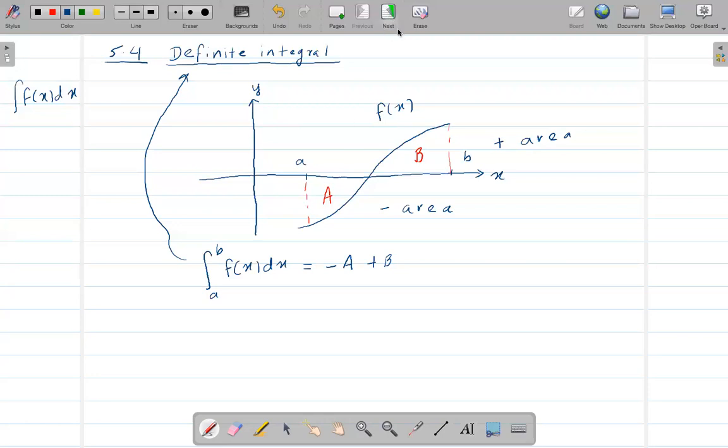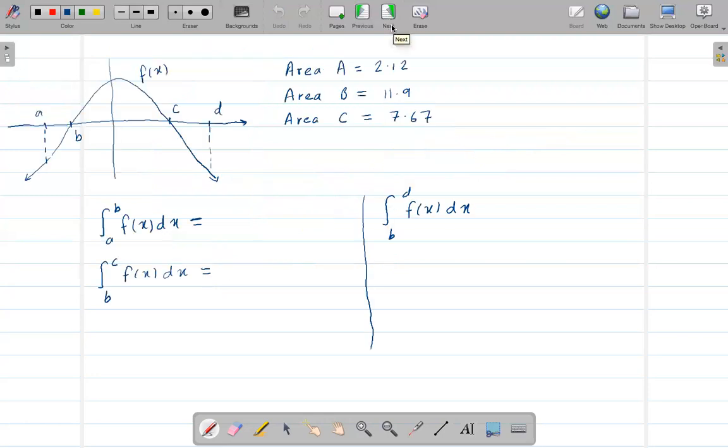Okay, now let's do an example. Again, let's say we have a graph. Now we have a few intervals, so we have a to b. This interval includes this area. Let's say this area is A, which is below the x-axis, right? This is the x-axis, this is the y-axis.